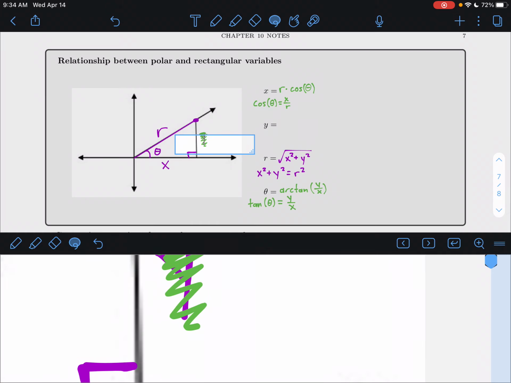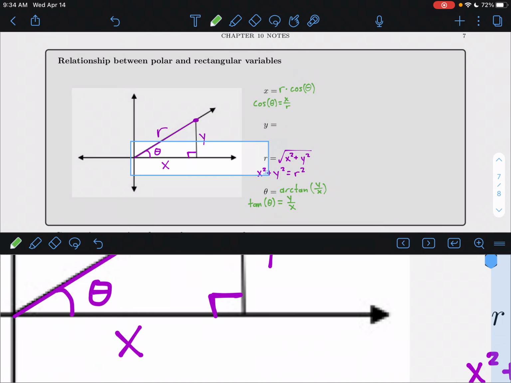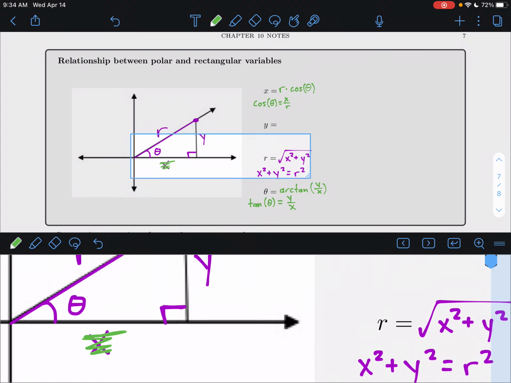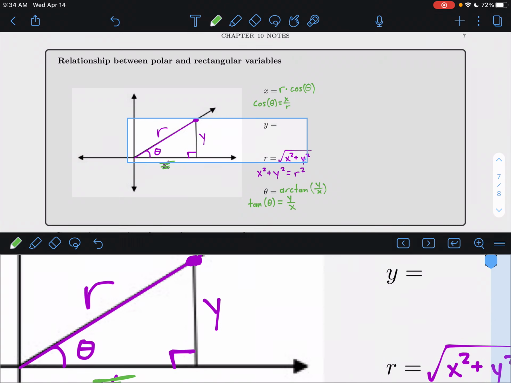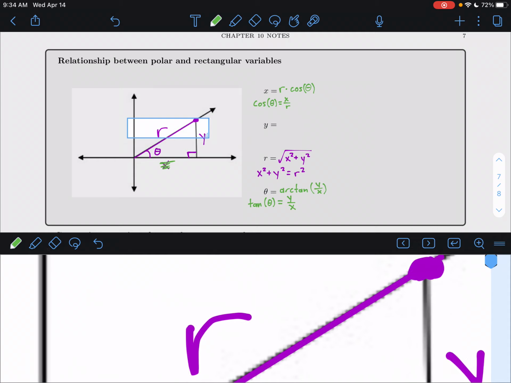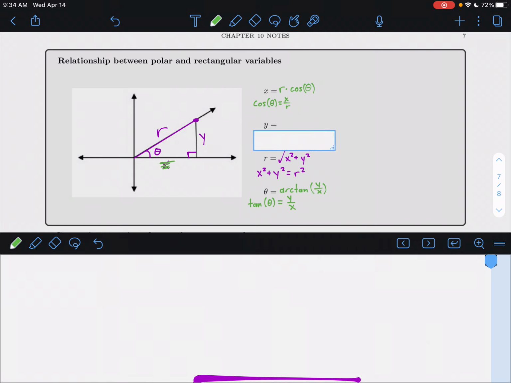As for y, it'll be very similar. And then if I want the y, I'm going to ignore the x now. So I have the y, which is the opposite, and the r, which is the hypotenuse.